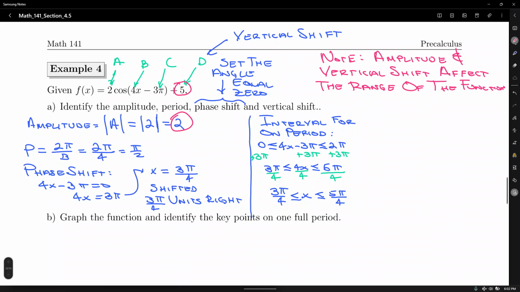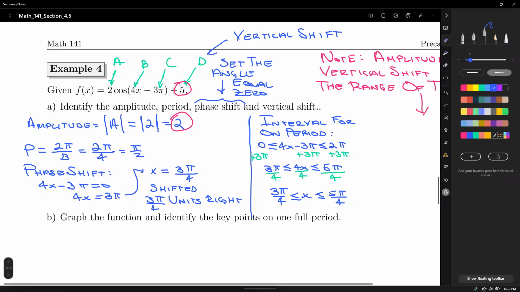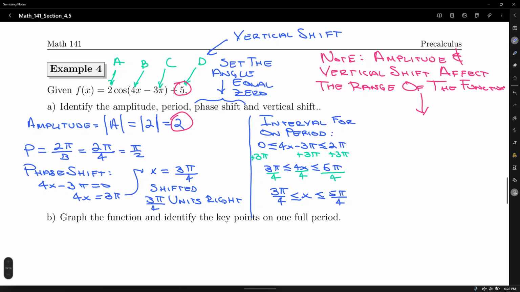Number one, I'm going to start with a fresh range. Remember the range of the cosine function? Isn't that -1 to +1? Now, there are two operations that we're going to do to modify the range: one described by the amplitude and the other by the vertical shift.